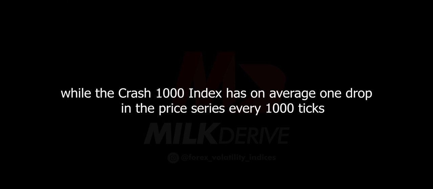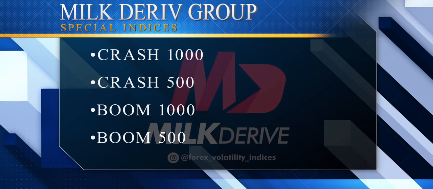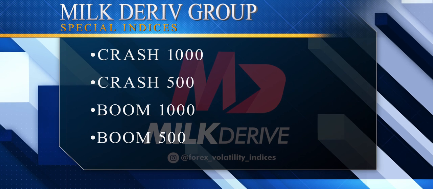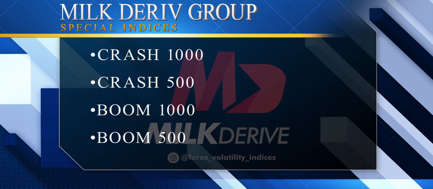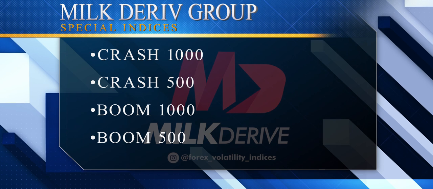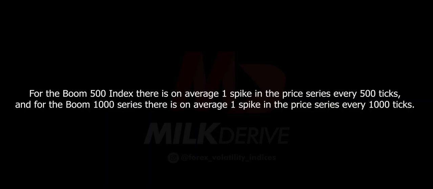While the boom index also comes in two ways, the boom 500 and the boom 1000. Boom 500 has an average of one spike every 500 ticks, while boom 1000 has an average of one spike every 1000 ticks.